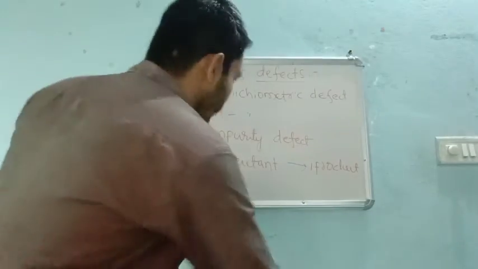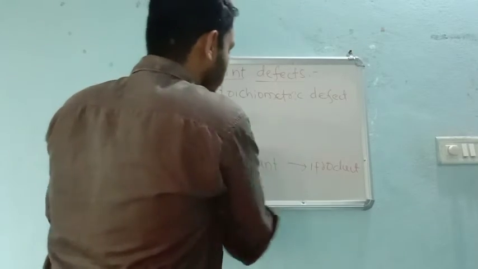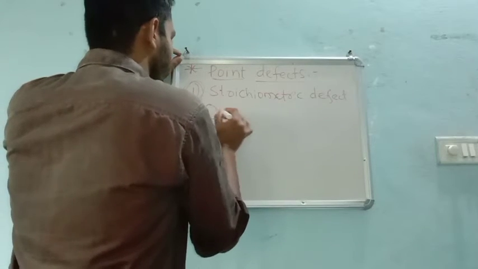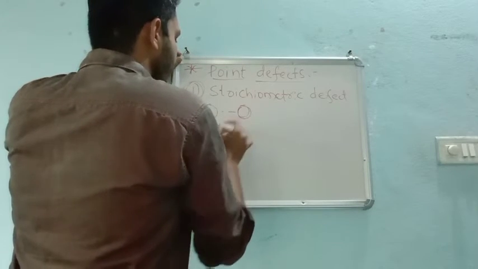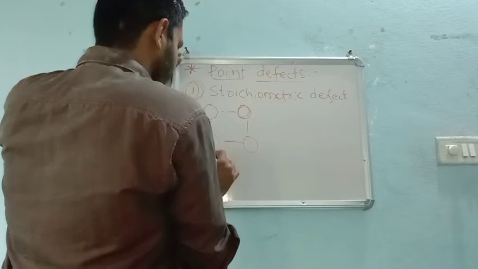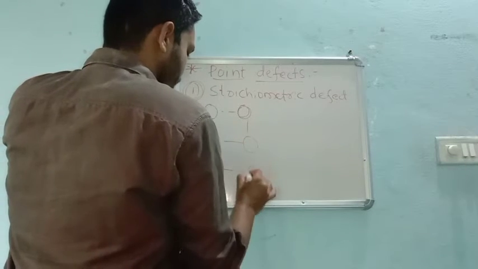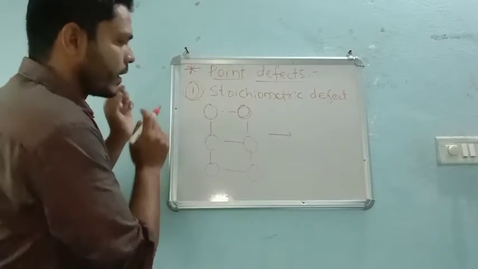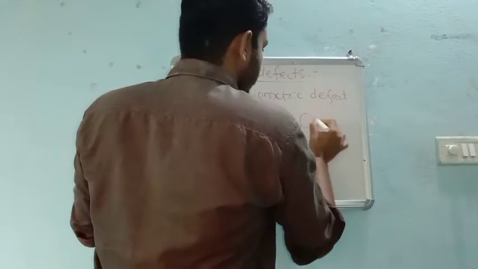I will show one example, and in tomorrow's class also we will discuss this. Now see, consider a solid, and don't get confused, the ratio will be maintained. Say this is a reactant and this is a product.